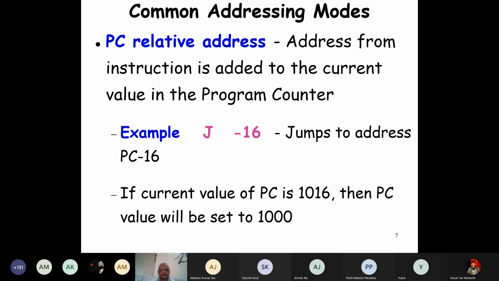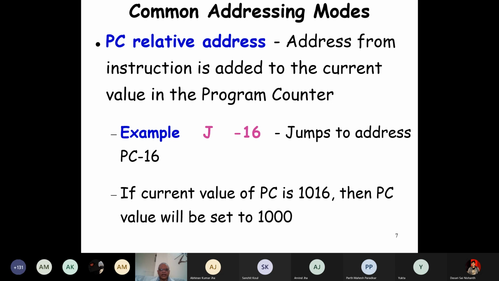And then we have this PC relative addressing, and PC relative address is the address of the instruction to be fetched. So we jump to some instruction to have a loop, branch, and so on. The PC register, the program counter register, has to be changed.